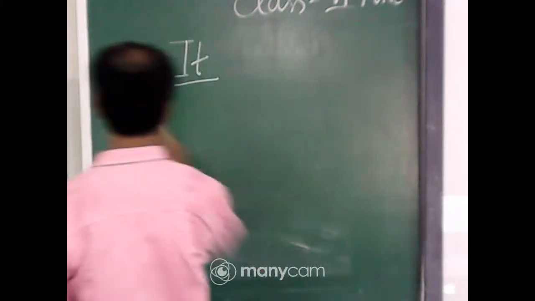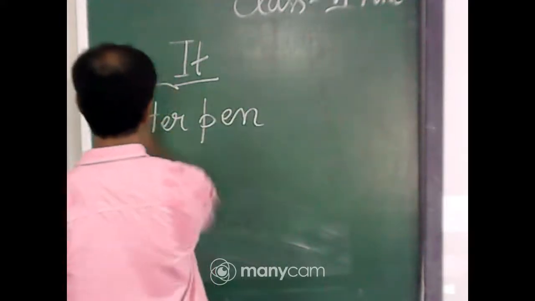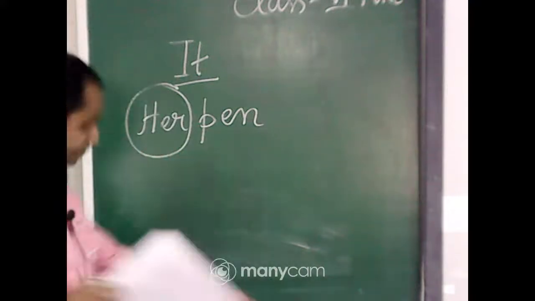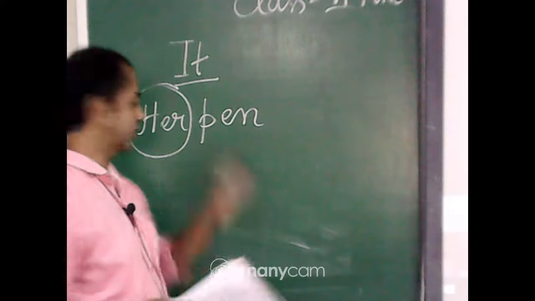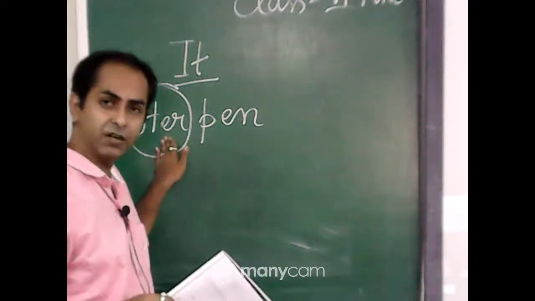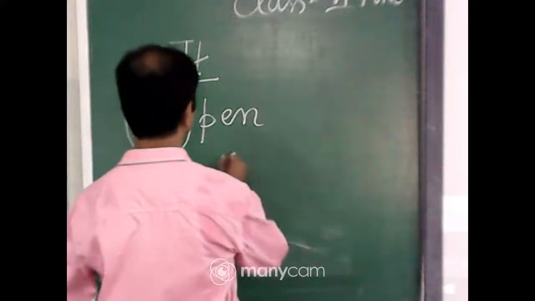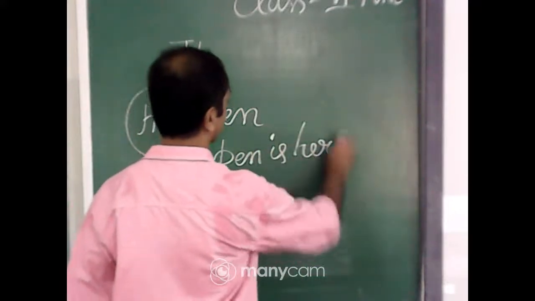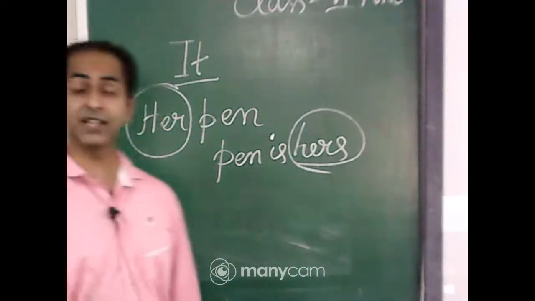So when I say her pen, it is a possessive adjective because it is used before a noun. And if I say this pen is hers, here you can find that it is used as a possessive pronoun.